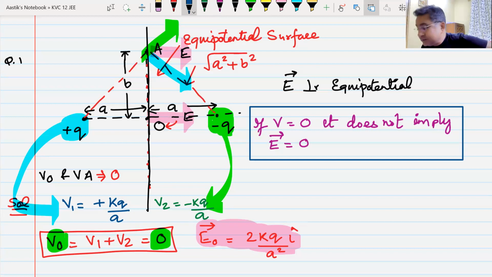If V is 0 at any point, it does not mean that electric field is 0. This is the best way to make you understand right now, with a diagram. Have you noted it down? Noted, sir.